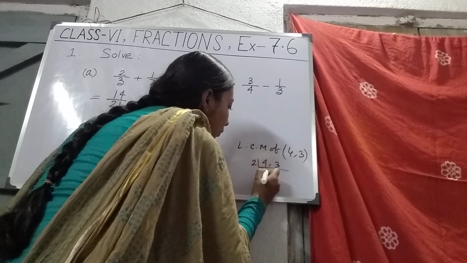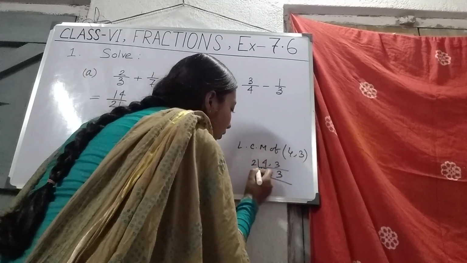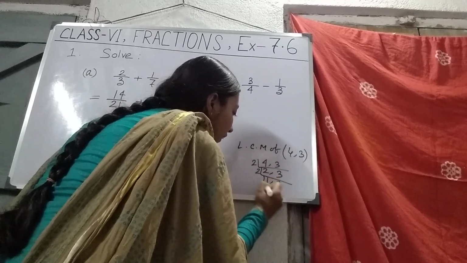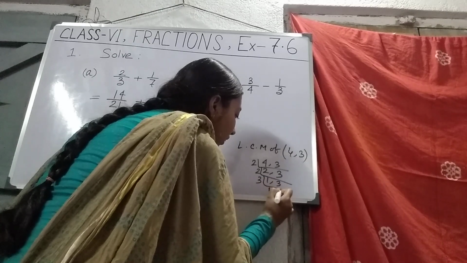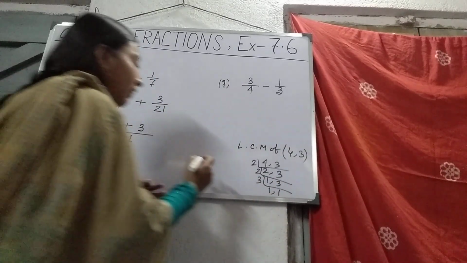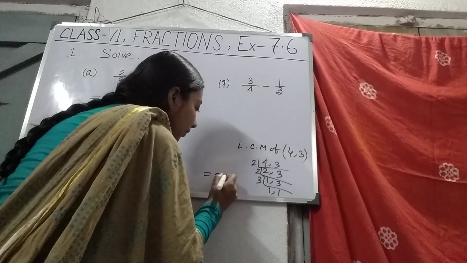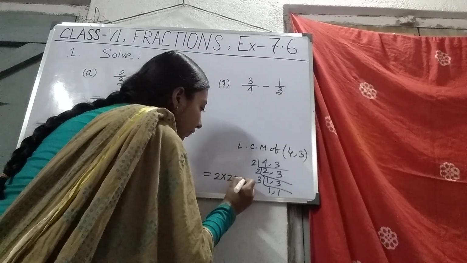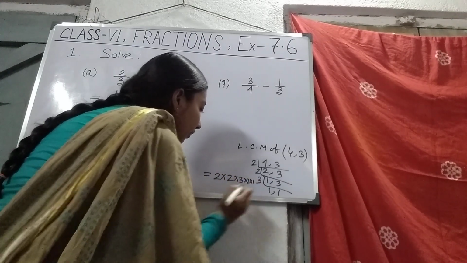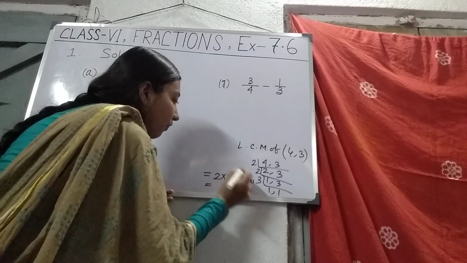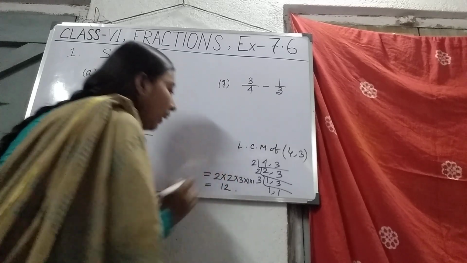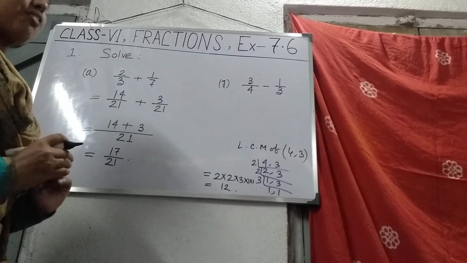So 2 2s are 4, 3, 2 1s are 2, 3, 3, 1, 1. These are the factors. So for LCM you have to multiply them. Okay. So 2 2s are 4, 4 3s are 12. Okay. So the LCM is 12 here.